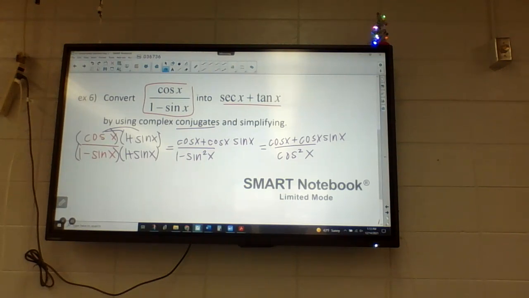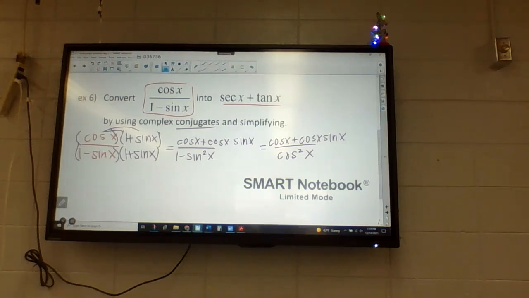Okay. If you guys are ever stuck on something, I would suggest trying to write it with variables. In this case, I called cosine x and sine y. So I called this x plus xy, cosine plus cosine sine, over x squared. You guys should know how to solve this.